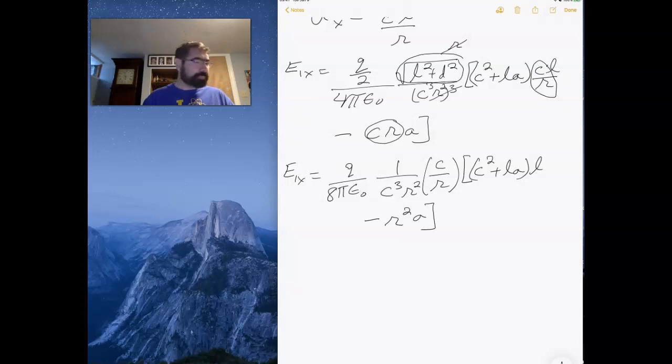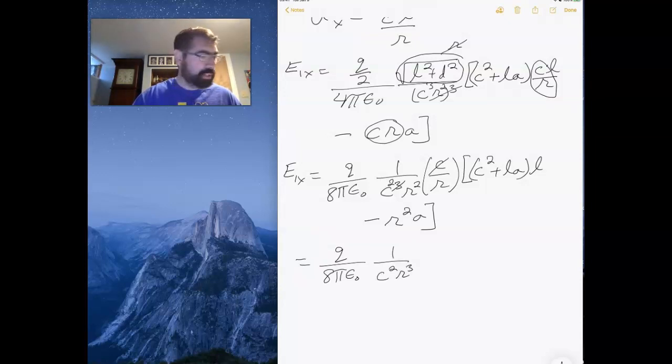Okay, now I can cancel one of these c's and multiply the R's together, and I get Q over 8 pi epsilon naught, 1 over c squared R cubed. And then I can multiply the parentheses out.